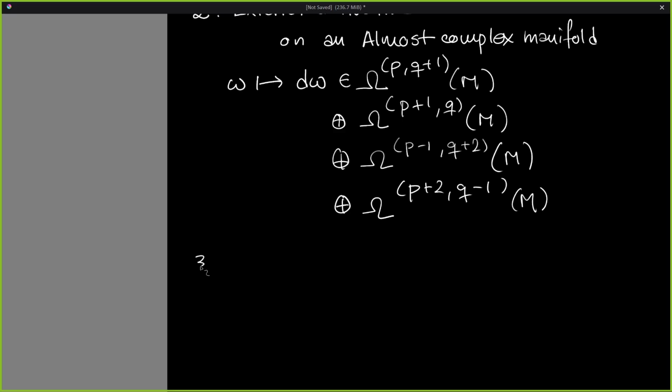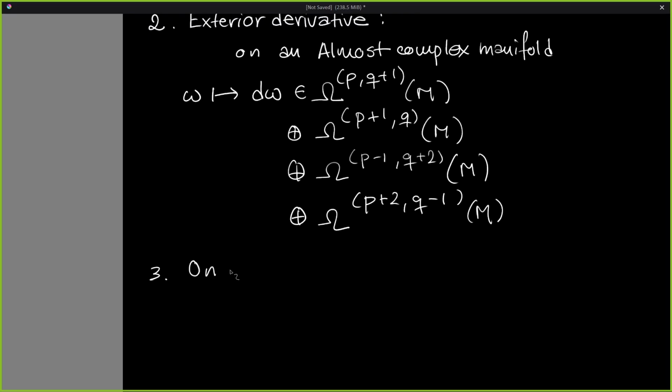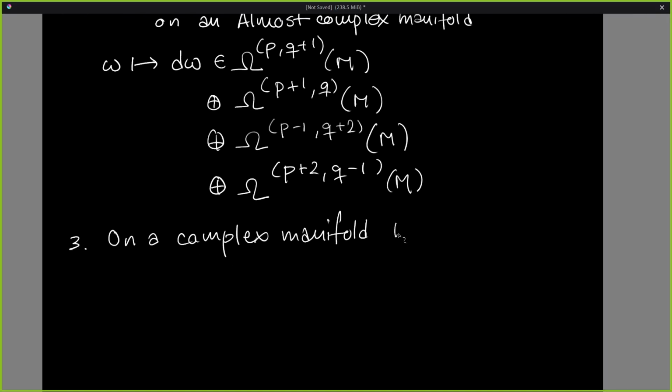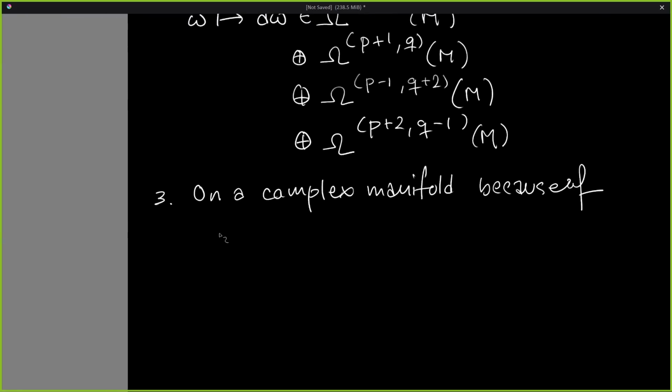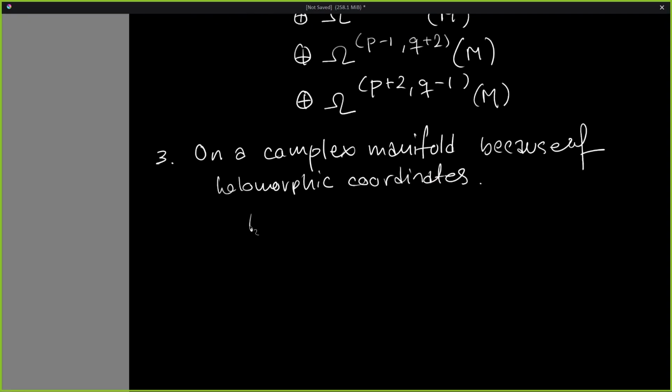And then we saw that on a complex manifold, because of holomorphic coordinates, d omega is just an element of omega p+1,q and omega p,q+1.